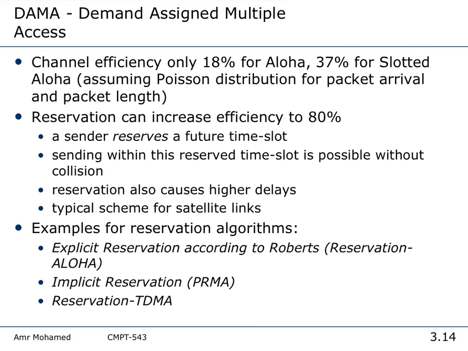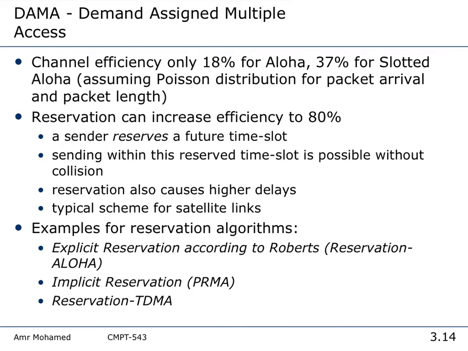Because the efficiency is low, what we could do is to try to perform some reservation. With the slotted Aloha we were able to increase the efficiency, but we need more than that. One possibility is to use reservation, which means that we try to reserve the channel for a period of time for a particular node.